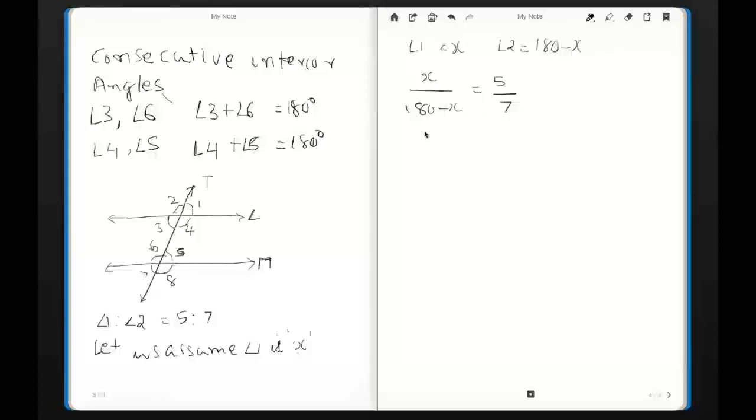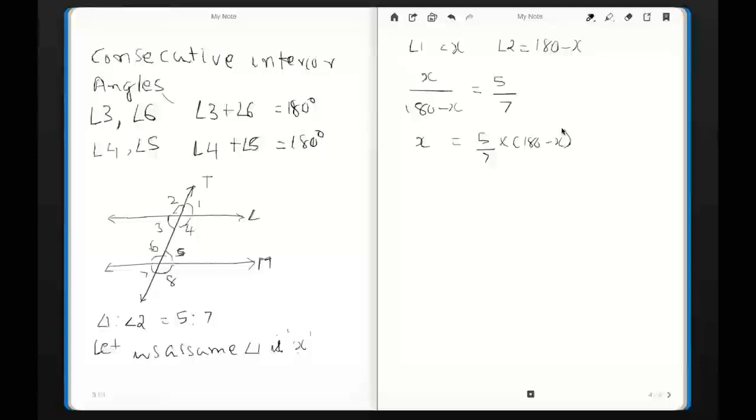Now I can use the principle of equality and multiply both sides by 180 minus x. So I get x equal to 5/7 into 180 minus x, something that you have already discussed in the linear equations. If you didn't understand how I have written this, please go through my single variable linear equations videos.